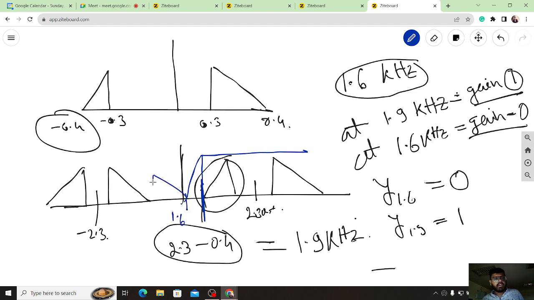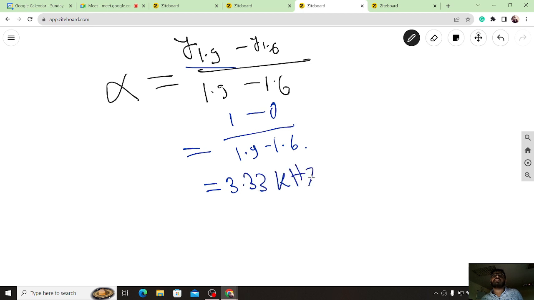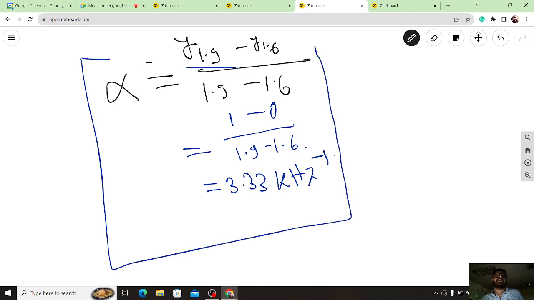At 1.6 it is 0, at 1.9 it is 1. So the condition is 1 minus 0 by 1.9 minus 1.6. This is 3.33 hertz inverse. So the roll-off factor alpha should be calculated like this.